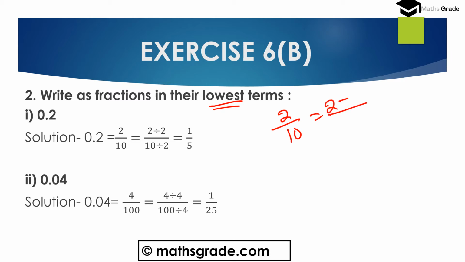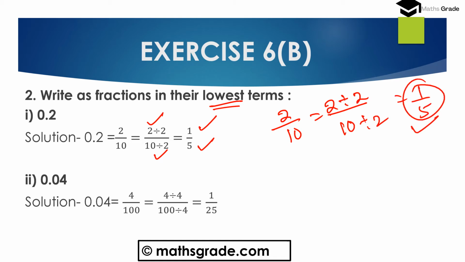Dividing both by 2, 2 divided by 2 is 1 and 10 divided by 2 is 5. So the fraction is 1 divided by 5, the lowest term of 0.2.